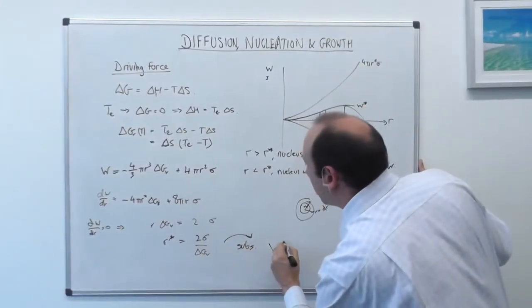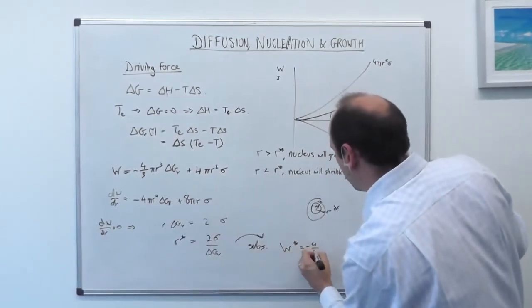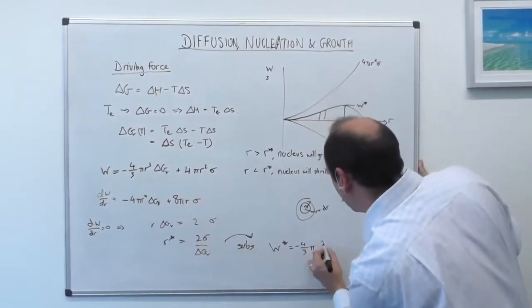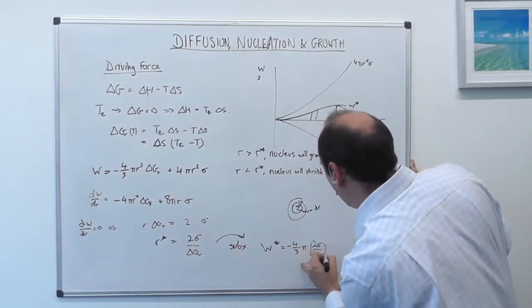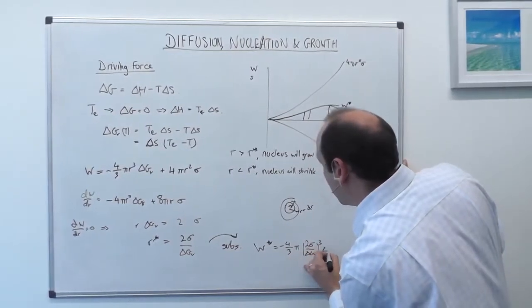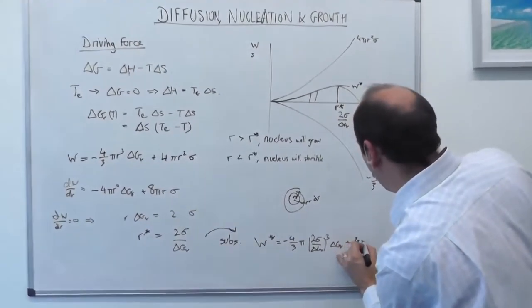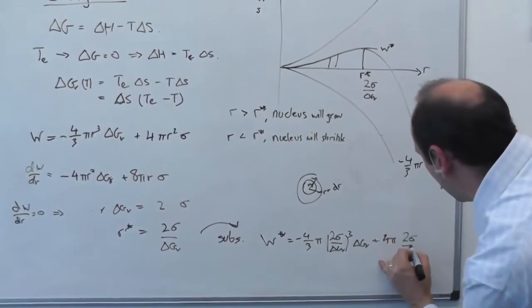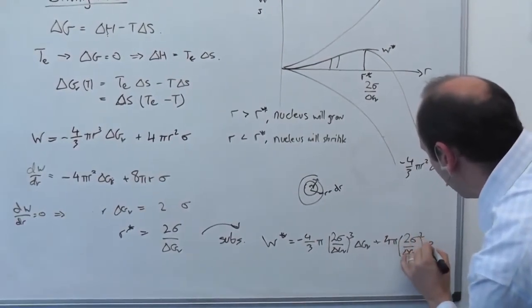W star, we'll call this W star now, is equal to minus 4/3 pi R cubed. That's 2 sigma divided by delta GV cubed, times delta GV, plus 4 pi then R squared. So that's 2 sigma by delta GV squared times sigma.